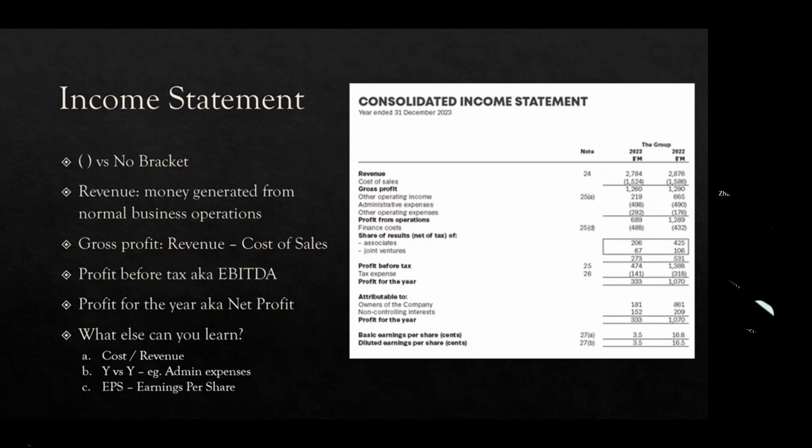From 16.8 or 16.5 cents in year 2022, it dropped to 3.5. Okay, so I can quite conclusively say that there will be an impact to the share price because the share price is actually driven by the earnings of companies. So I'm quite sure that CapitaLand won't be performing well in terms of share price at least for last year. Okay, and also possibly this year because this is for FY 2023.